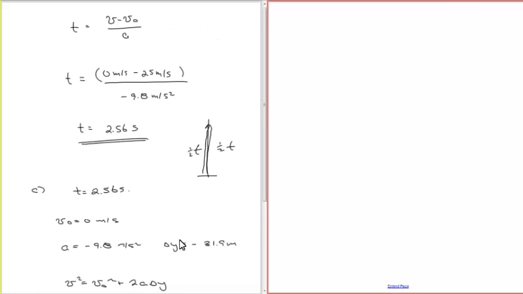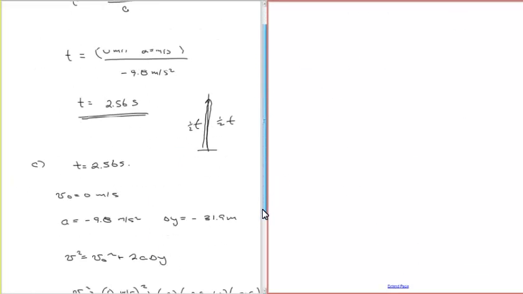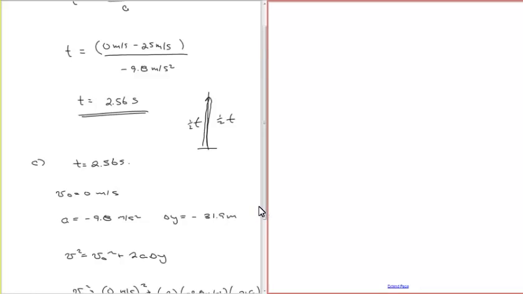And then with that information, you could calculate the time using the same thing. Time is equal to v minus v0 over a. In this case, v is negative 25 meters per second, v0 is 0, acceleration is negative 9.8 meters per second squared.